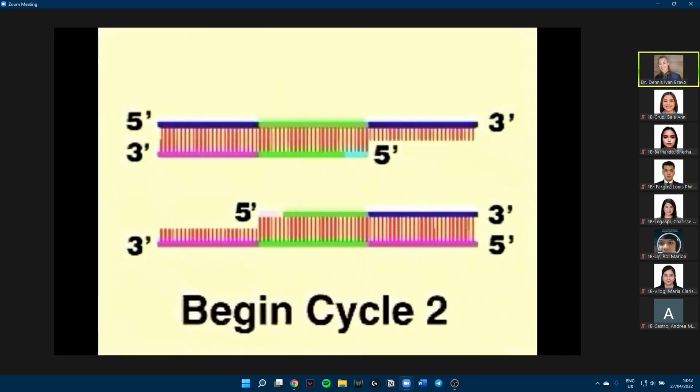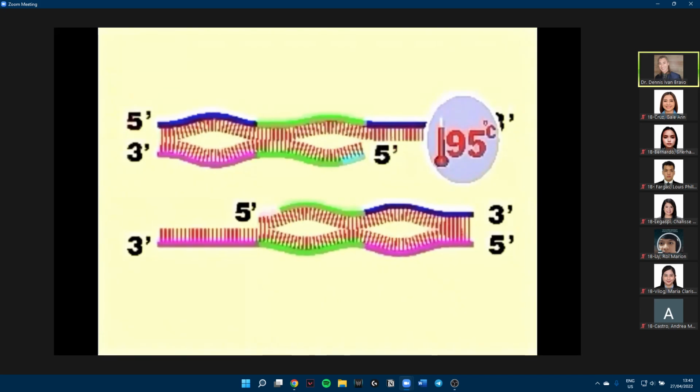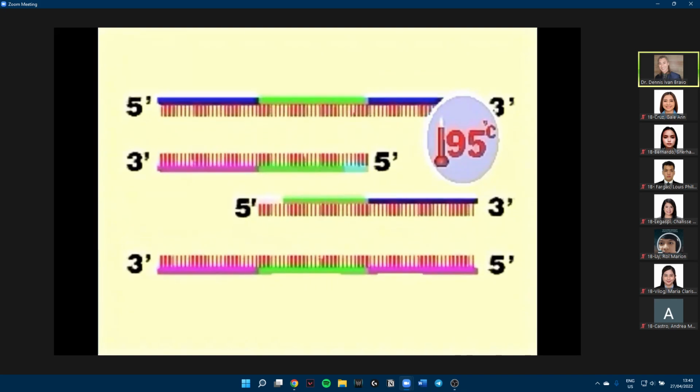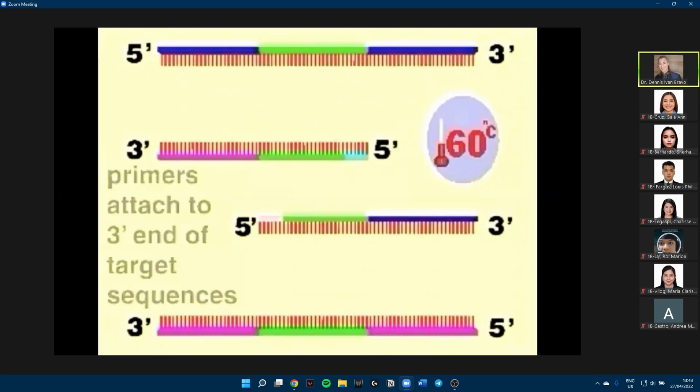So that's the end of the first cycle, 2 copies. Second cycle, repeat. Denaturation, followed by primer annealing, and then primer extension.